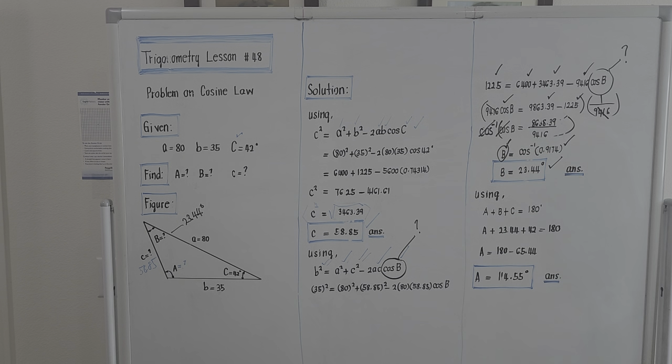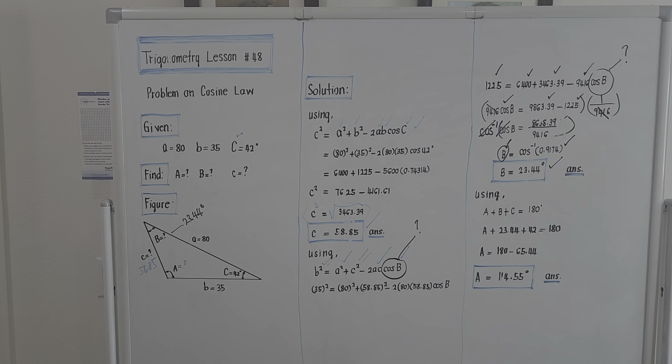So substituting values, A is the one we are looking for, B is 23.44 as per our computation, angle C is given as 42, and this should be equal to 180.